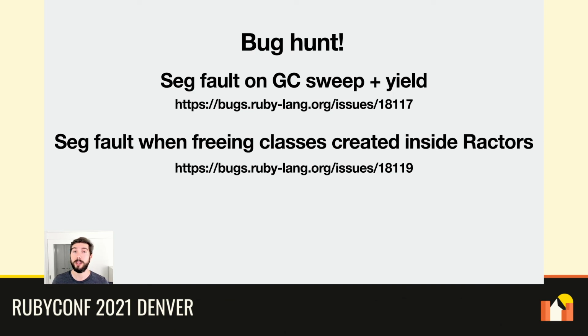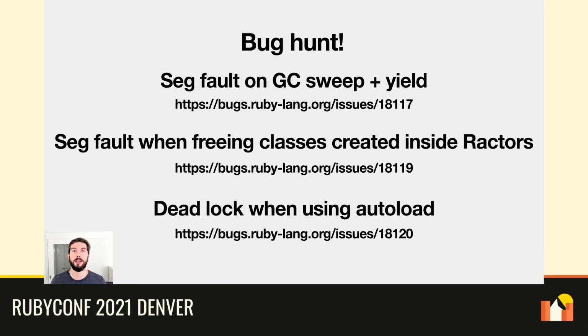So for example, if we create anonymous classes with Class.new inside one of the Ractors, eventually it would need to be freed, and depending on the conditions, it would lead to another segmentation fault. And finally, we found a deadlock when auto-loading a constant for the very first time from within a Ractor. And I'm happy to say that we managed to fix the first bug, but we were not able to get to the other two yet.